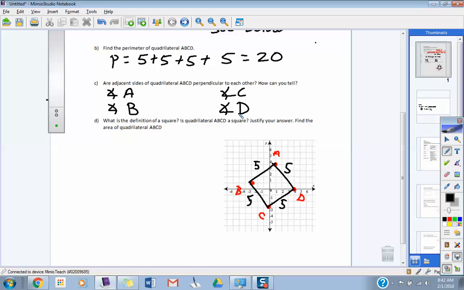I'm going to get a different color up here to count our slope. So let's do the slope of AB. I'm going to count rise over run. To go from this point to this point, looks like I have to go up 1, 2, 3, and over 1, 2, 3, 4.